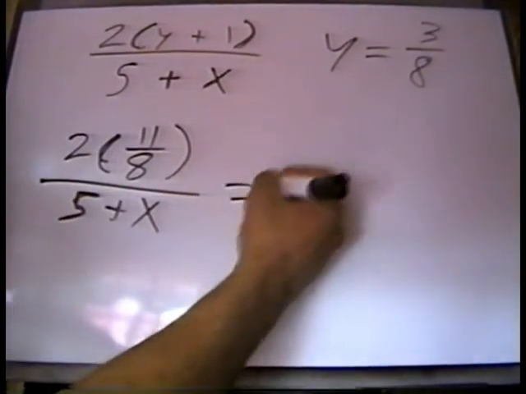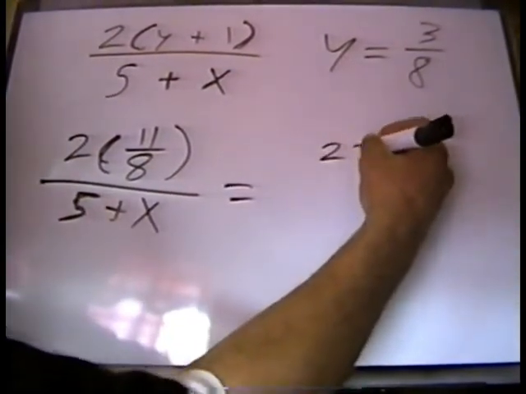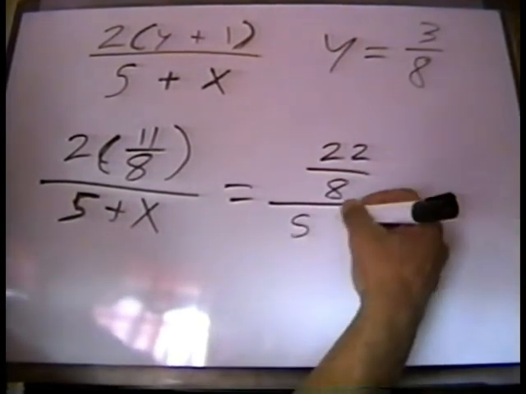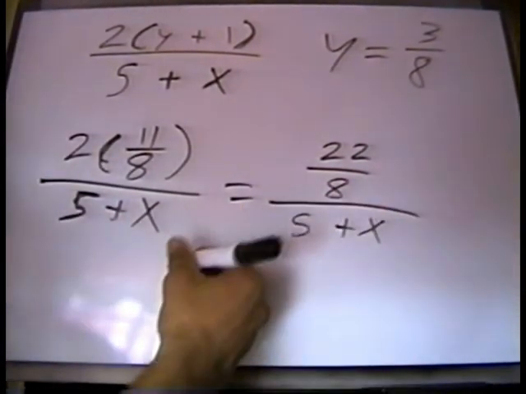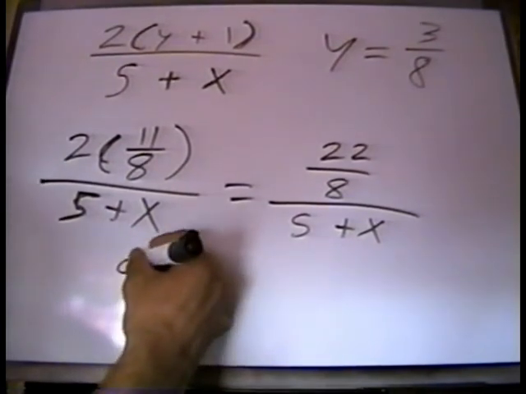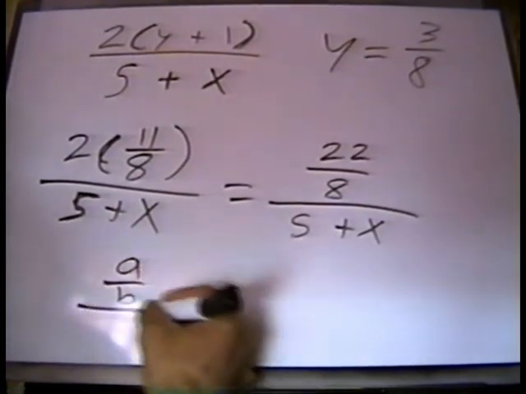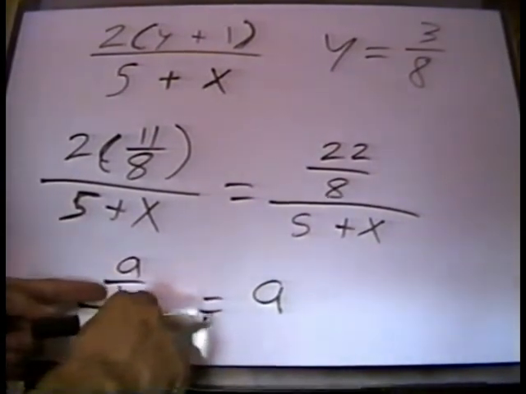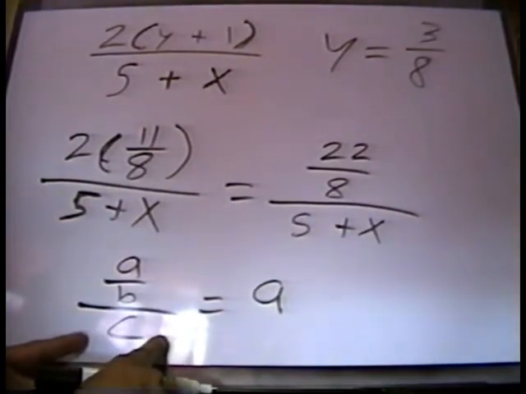Now this becomes, of course, 22 over 8 over 5 plus x. Now remember when I told you, if you have a fraction divided by a number, the denominator of the fraction simply drops down into the denominator of the whole.